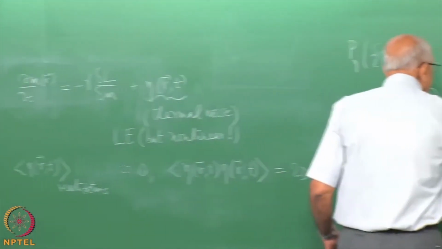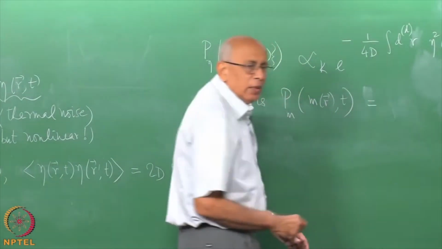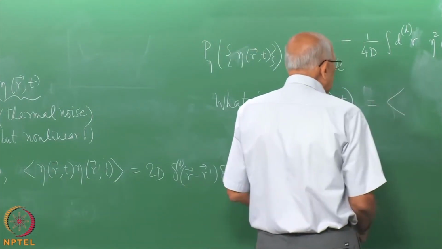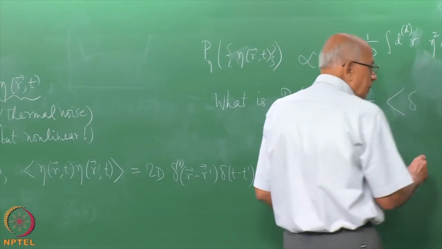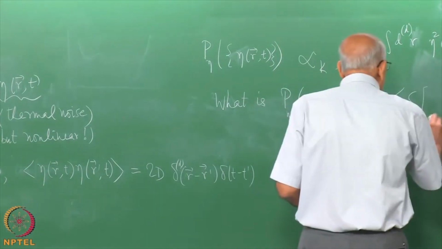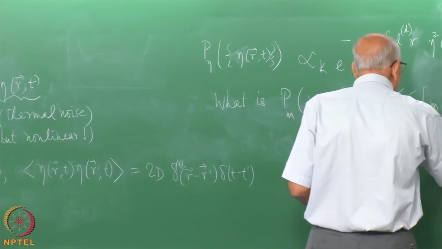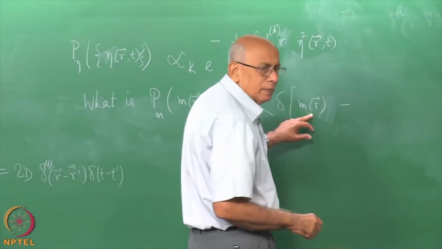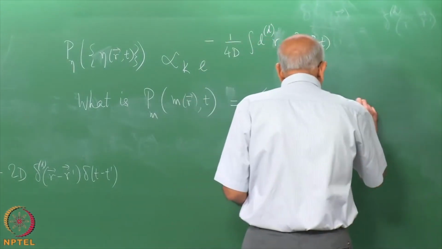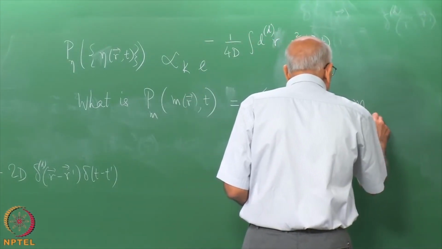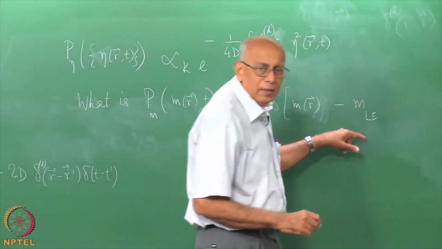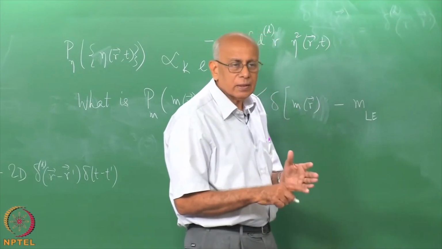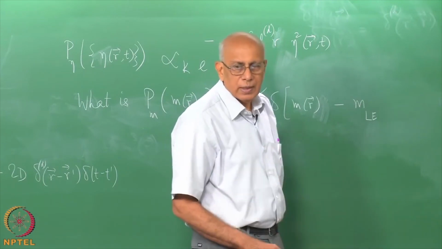This quantity must obviously be equal to, by definition, the expectation value of a generalized delta function of m of r t minus m of r for a given configuration minus the m that you get from the Langevin equation, so let me write it as m LE, by solving the Langevin equation for each realization of the noise, and then averaging over all noise realizations.